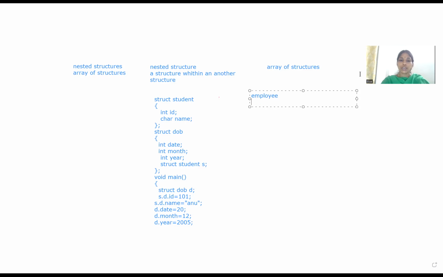Within employee, I want to store employee ID, employee name, and salary of the employee. So this is the structure of employee. Within the employee structure, I am taking the employee ID, name of the employee, salary of the employee.